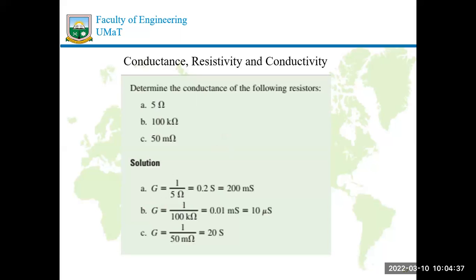But let's bear in mind that some of them have some prefixes. Okay. So the kilo here means that I have 1/100 times 10 raised to the power 3. The milli means that I have 1/50 times 10 raised to the power -3.